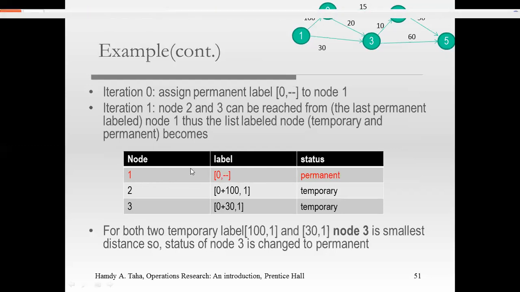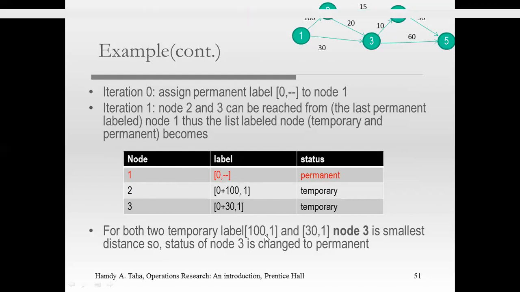0 is like this, always 0 permanent. And then from 1, you can see from the figure in the upper part, from 1 we can go to 2 and then 3. We have 2 options. From 1 to node 2 is 0 plus 100, but to node 3 is 0 plus 30, comma 1. 1 means from 1.